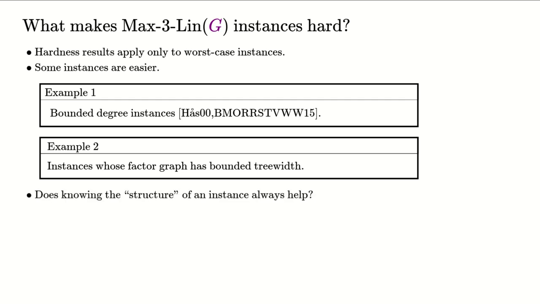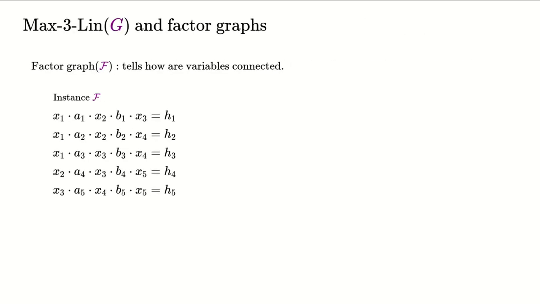Given these examples, it's natural to ask whether we can always extract useful information by knowing the structure of an instance. However, in order to study this problem, we need to formalize what structure means, which we do by introducing factor graphs. Well, a factor graph essentially tells us how variables are connected in an instance.